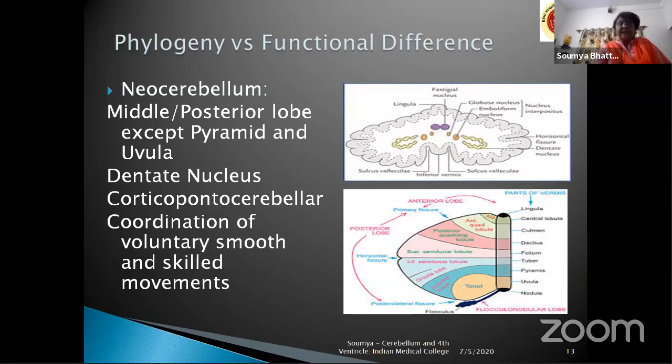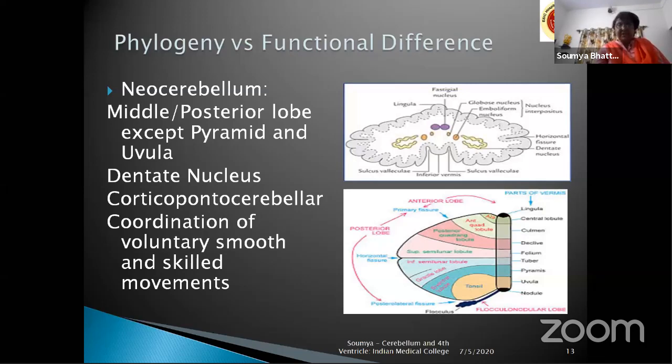So automatically you can understand that a probable question is: correlate parts of the cerebellar hemisphere or vermis with the functional and the phylogenetic aspect, where you write about the archi, paleo, and the neocerebellum, the three types of fibers, the vestibulocerebellar, the spinocerebellar, and the corticopontocerebellar fibers.